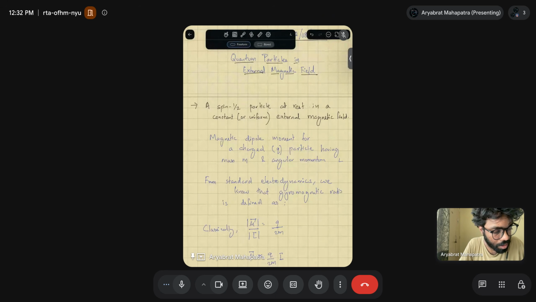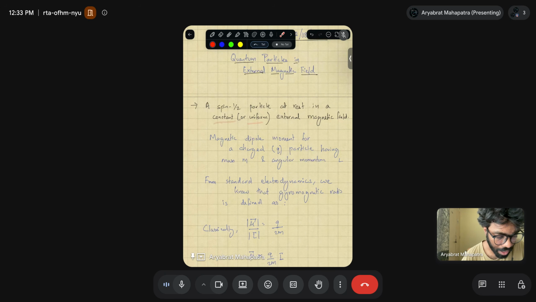Let's say the magnetic field is constant and uniform for now.